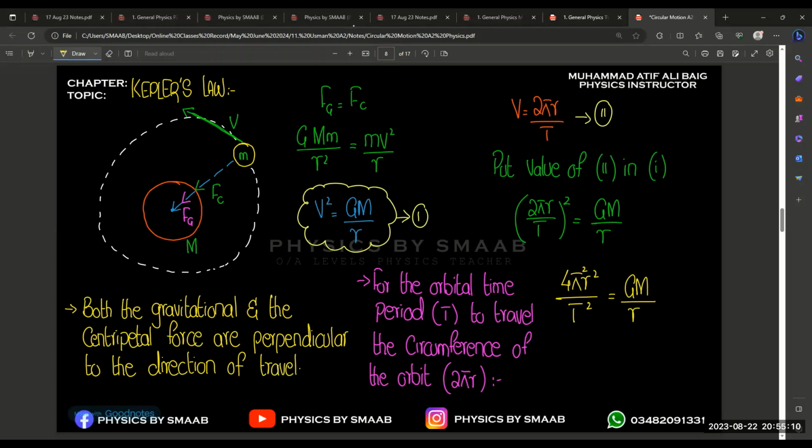If we cross multiply these values, that will be 4 pi square r cube equals GM t square.